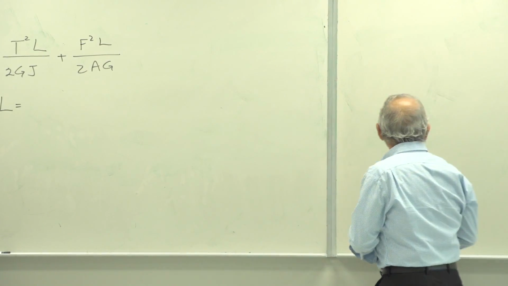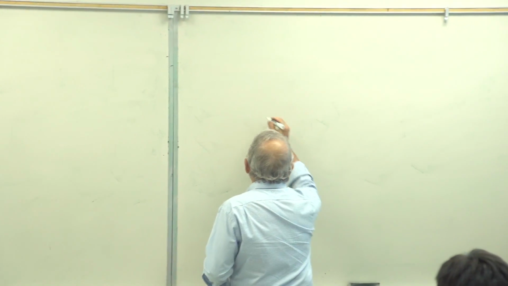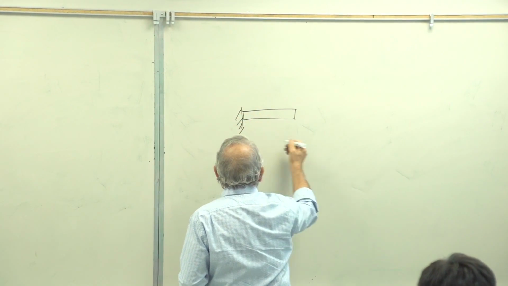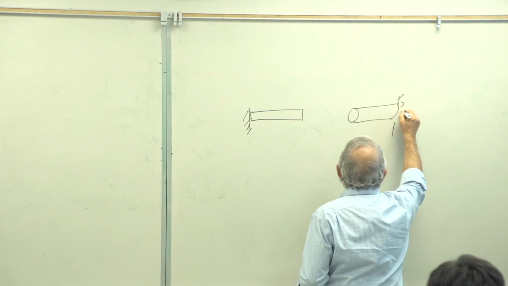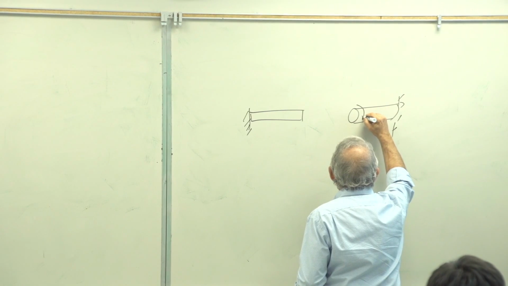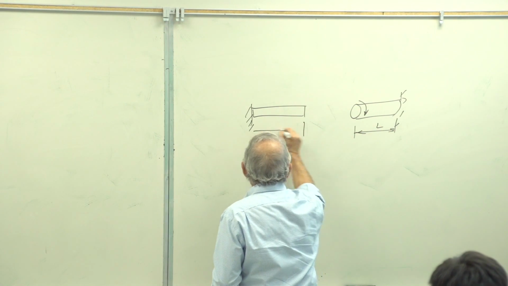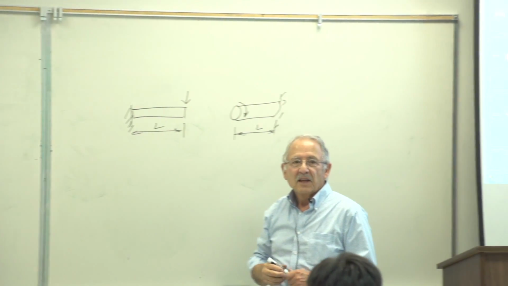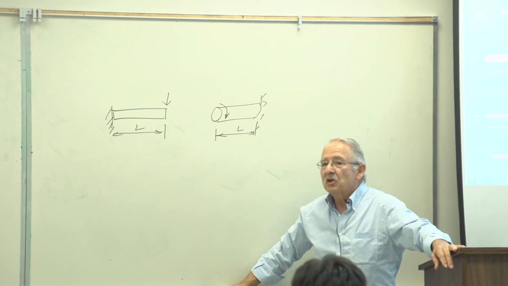Remember what we did when we were doing Castigliano's? Whether we were doing something in bending or something in torsion, these were our L's, correct? The actual length of the member that is carrying stress.